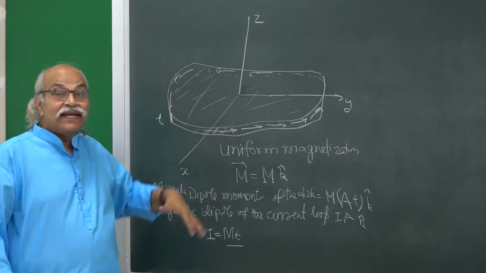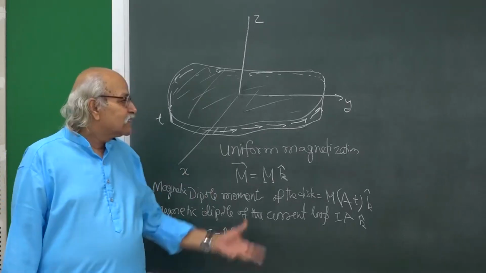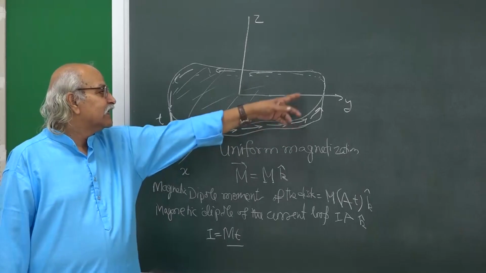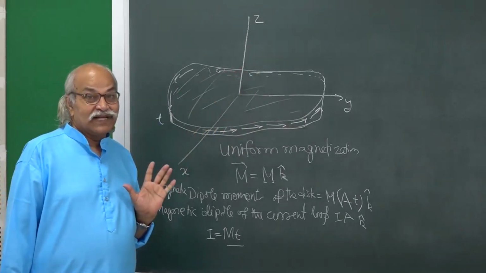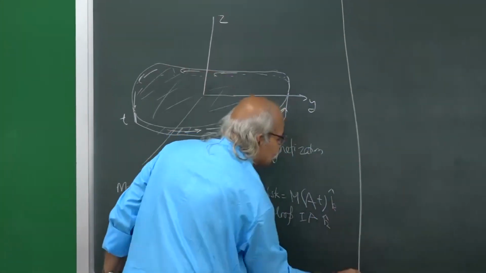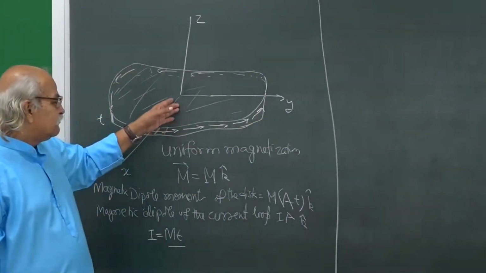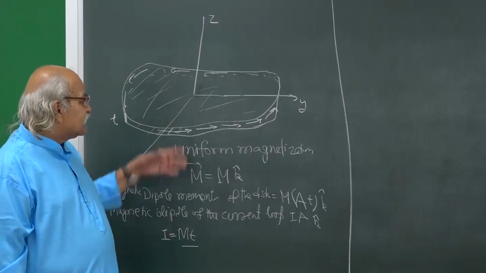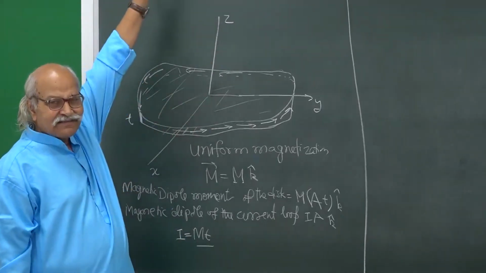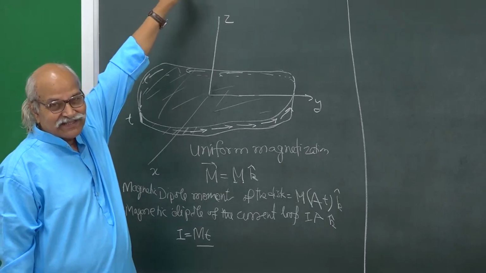So can I replace this whole magnetization by this single current loop? That is a question. Now it's not very obvious. Yes, the magnetization is the same and the dipole moment is the same, and therefore at large distances, possibly yes.